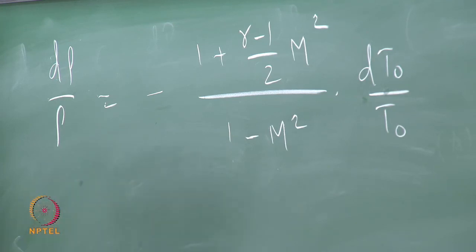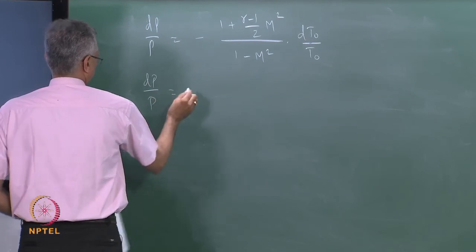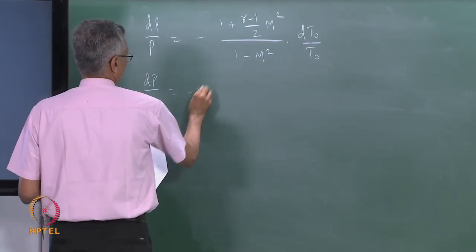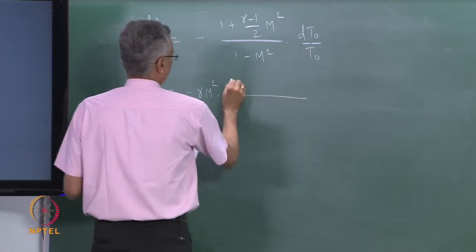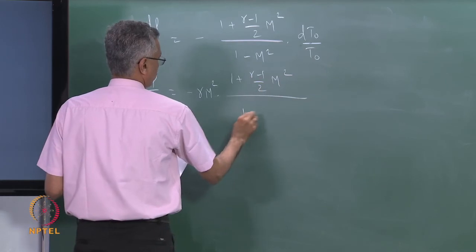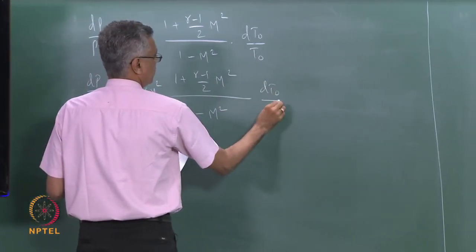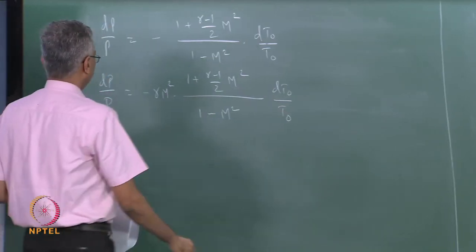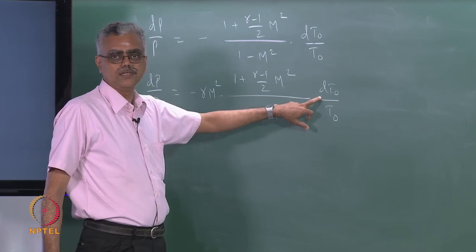Okay. Similarly, dP over P is equal to minus gamma M squared times 1 plus gamma minus 1 over 2 times M squared divided by 1 minus M squared times dT naught over T naught. So, this is how much the pressure changes as a result of an addition of heat which is delta Q, right.